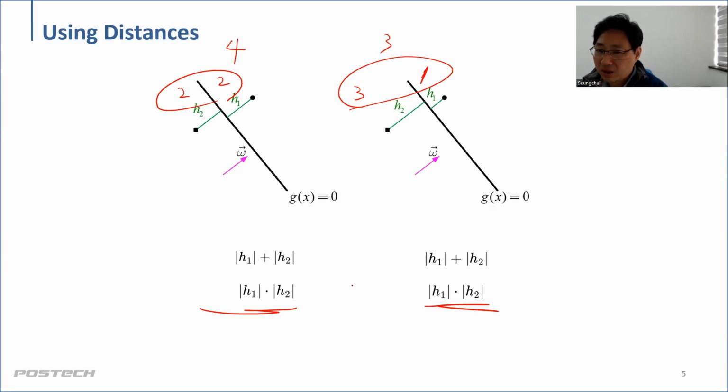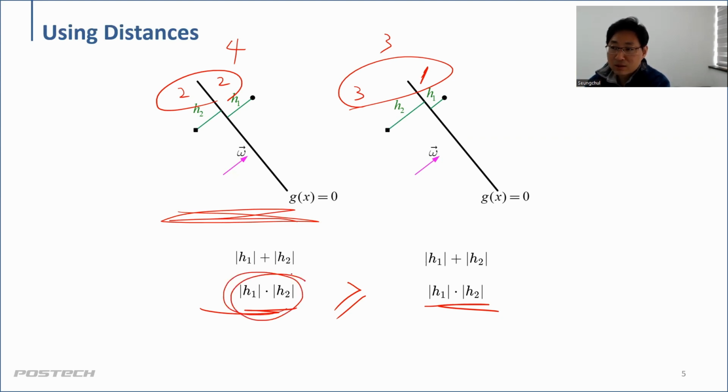Which one's bigger? Using that simple example, the hypothesis that we can have is to compute all the distances, take the absolute values, and do multiplications. Since we say that this one is better, probably the larger value of the multiplication is going to give us a better classification boundary. That's the hypothesis that we can come up with.